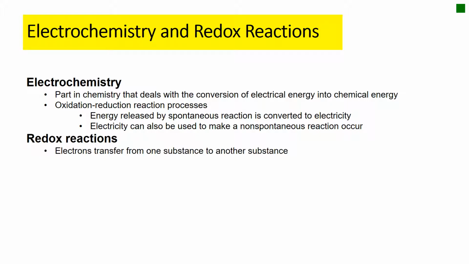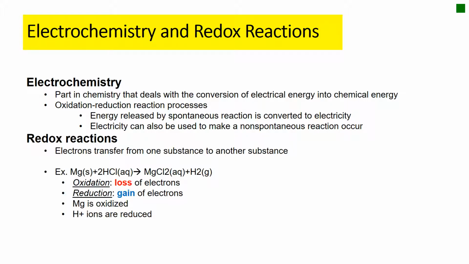Redox reactions. The electrons are transferred from one substance to another, and I am going to demonstrate how this works. So each reaction has certain oxidation numbers that go according to their element or the compound. So next, I am going to write the oxidation numbers of each of the elements and compounds.